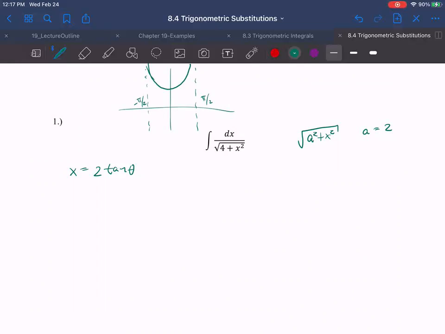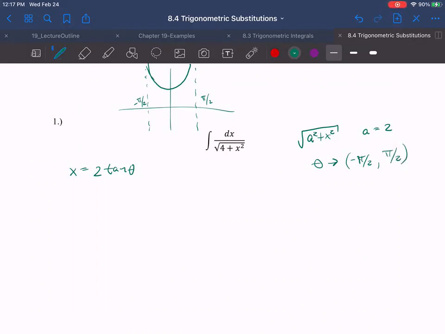Outside of those, it repeats, and then we go negative and stuff. So we're going to restrict ourselves inside of there. So we'll say theta from negative pi over 2 to pi over 2.